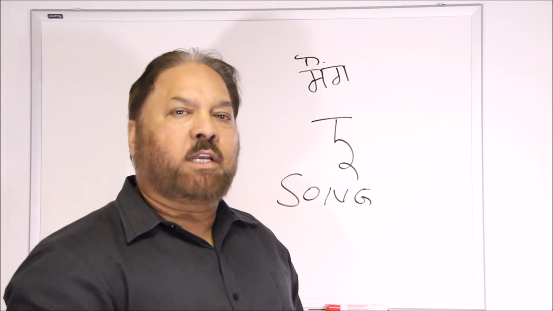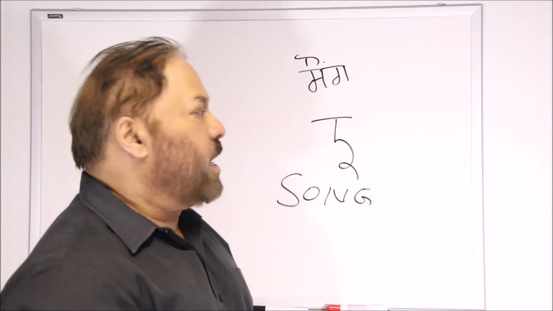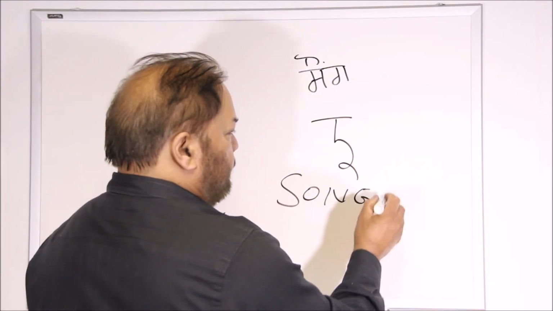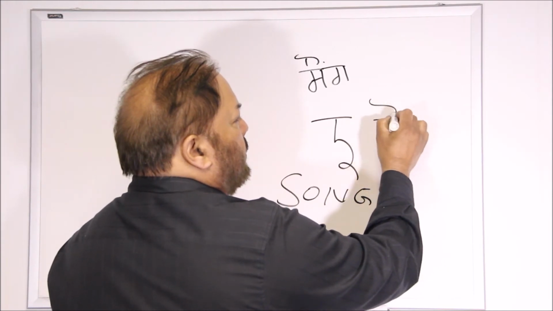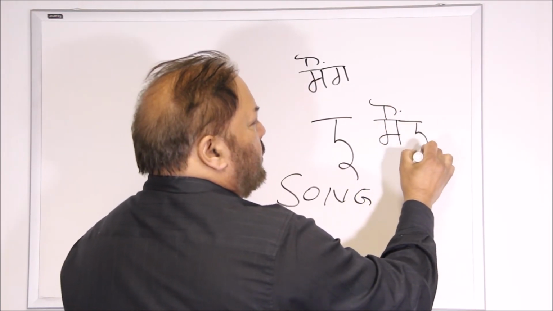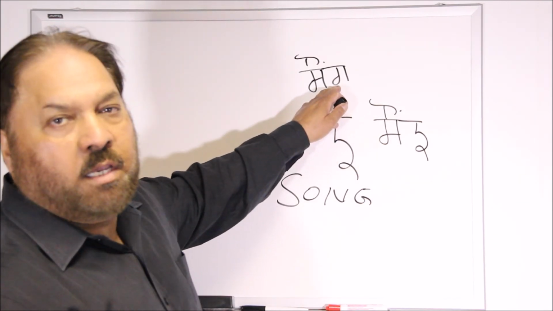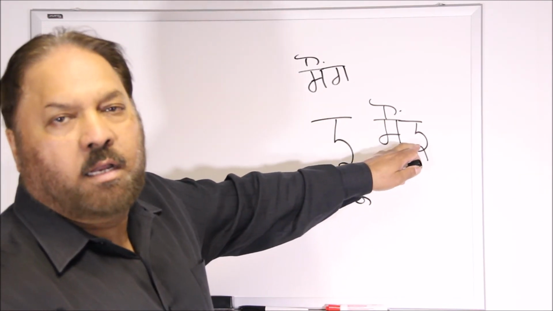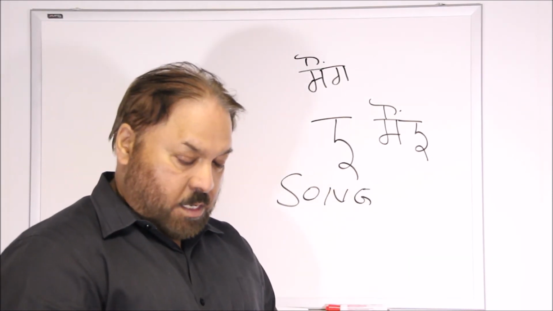But if I want to change the sound the way I was told, song, they pronounce song, I can write it like this. This and this is different. This is song. This is song. Na. And in English, I cannot use different letters.